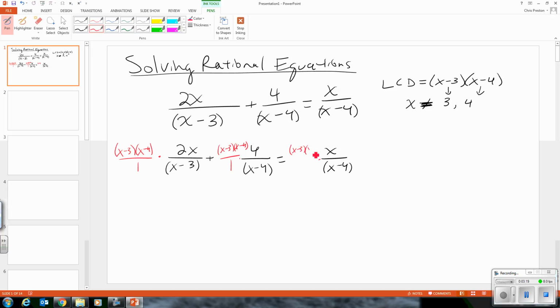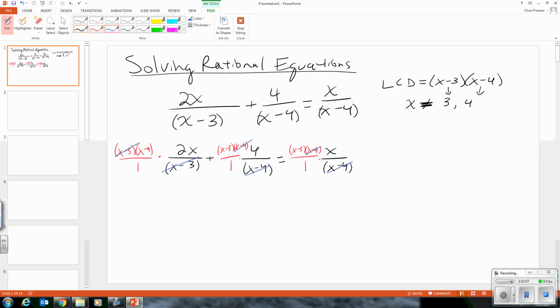That goes back to the rule that as long as you multiply both sides of the equation by the same thing, it's a legitimate way to solve. The x minus 3 that was initially in the denominator cancels out, and I'm left with the part I didn't have, the x minus 4. Same thing on the second one: the x minus 4 cancels out, and I'm left with x minus 3. The same goes over here.